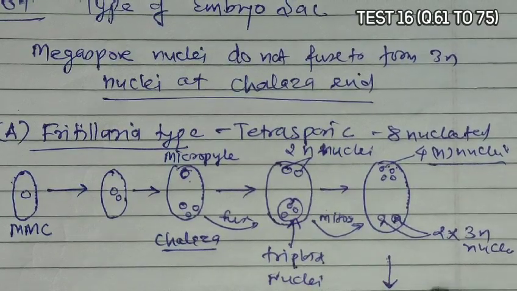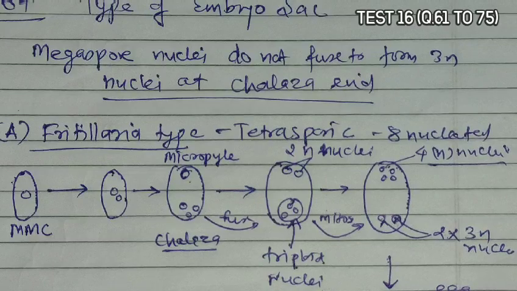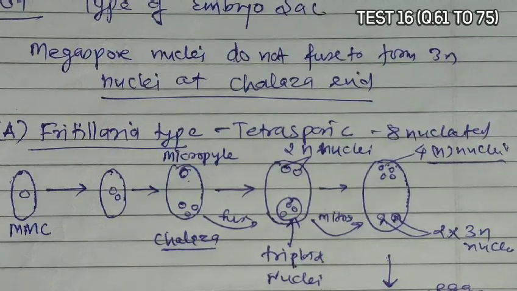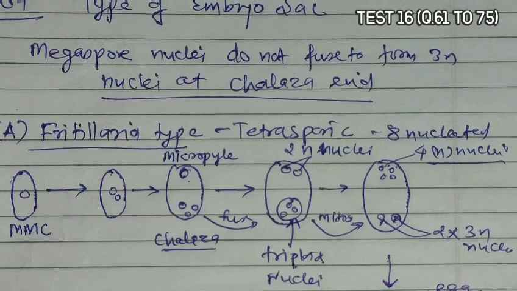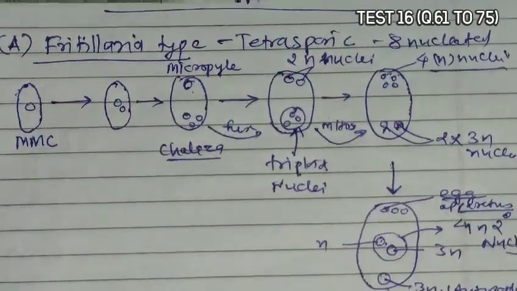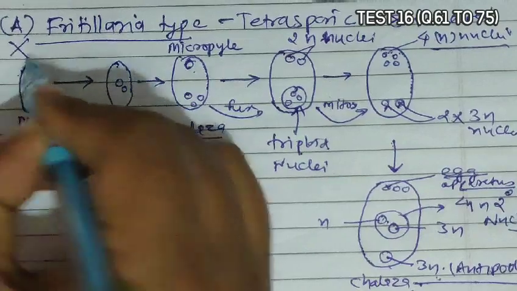Now these 3 will form the egg apparatus, and this 3n cell represents the antipodal at the chalaza end. So 3n nuclei are present at the chalaza end in the case of Fritillaria type, so it cannot be the correct answer.